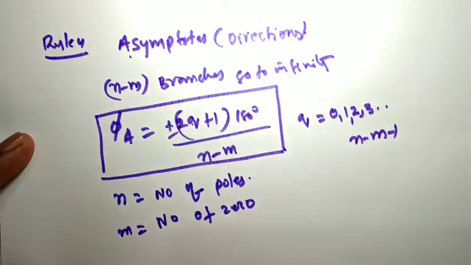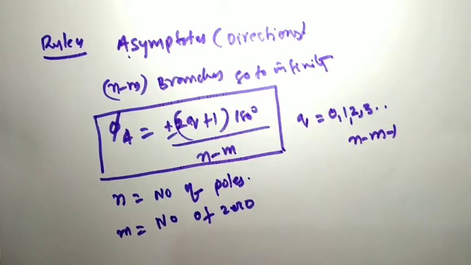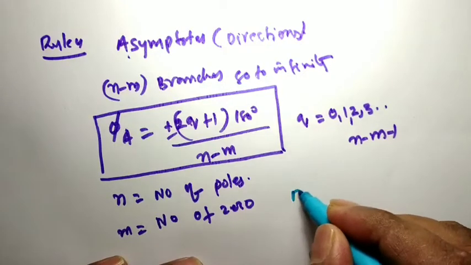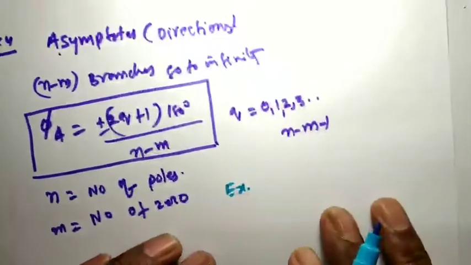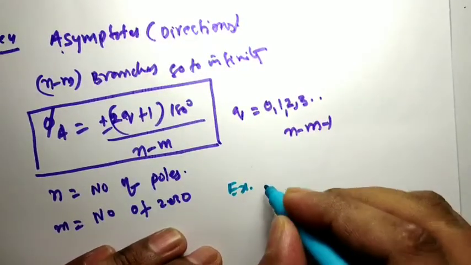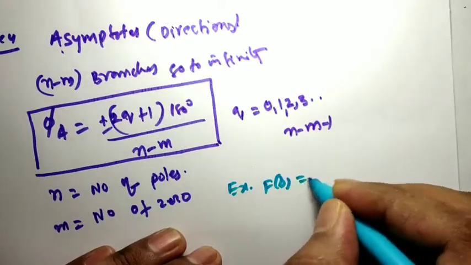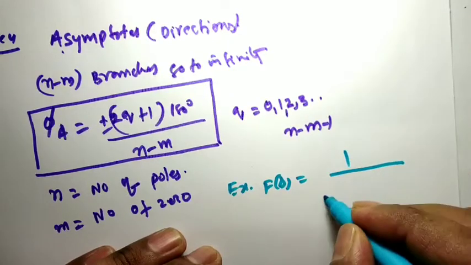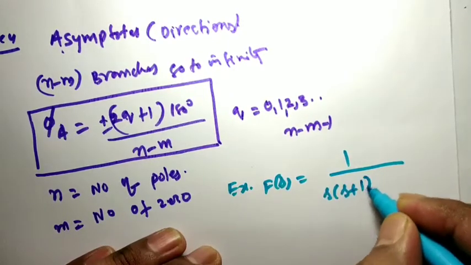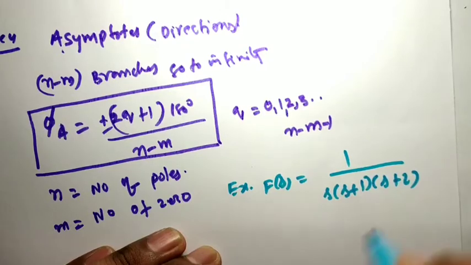So what this actually means, I want to explain with one example. Take this example: F(s) is equal to 1 by s times (s plus 1) times (s plus 2).